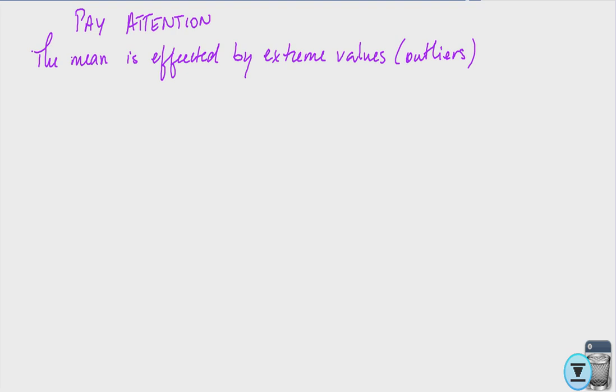For example, I'm the owner of a factory, and I employ people. I have a manager, some clerks, and some manual workers. I pay the manager 60,000 euros per year.